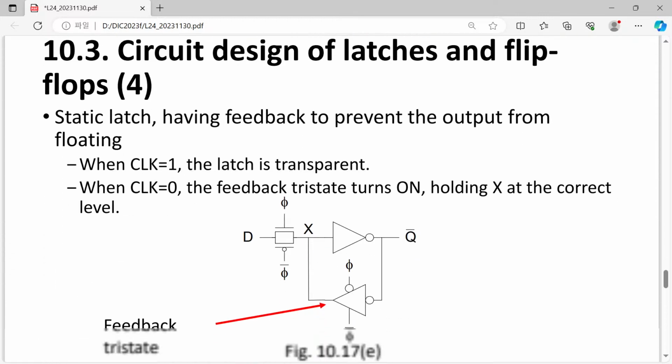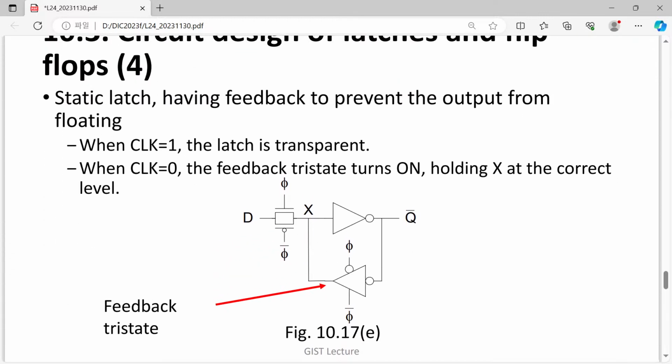Then let's have a look at this one. If we introduce this kind of implementation, then something changes. Let's have a look at it. When clock equals 1, okay, then it becomes transparent. So now it is just copied this way.